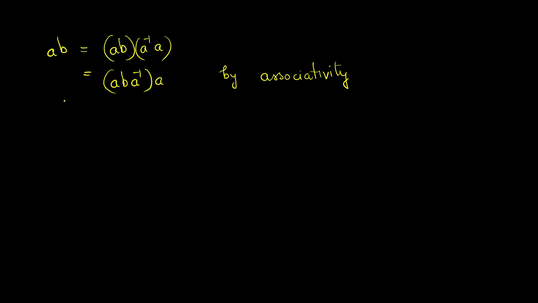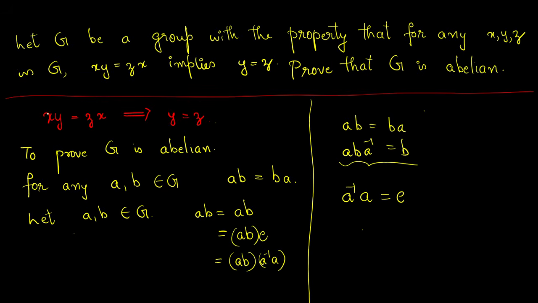Now what do we have? We have A into B is actually equal to A B A inverse into A. Now look at this. We have A on the left, A on the right. What is the given property? The given property is that if we have X on the left and X on the right, we can actually cancel this and we will get that Y is equal to Z, right?